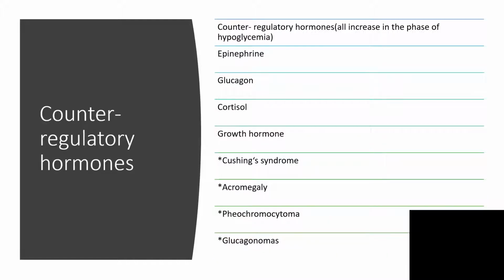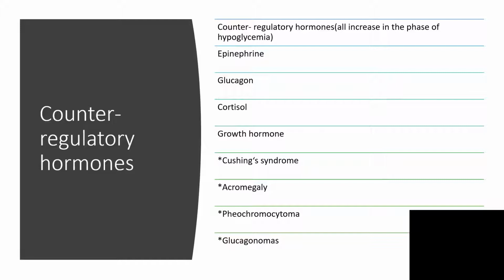Counter-regulatory hormones all are expected to increase in the face of hypoglycemia. Epinephrine, glucagon, cortisol, growth hormone, they are all supposed to shoot up the glucose level.